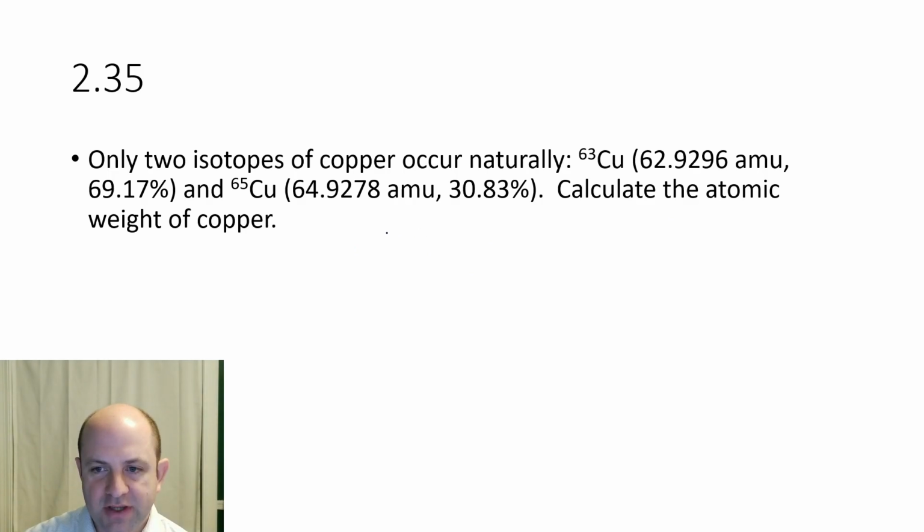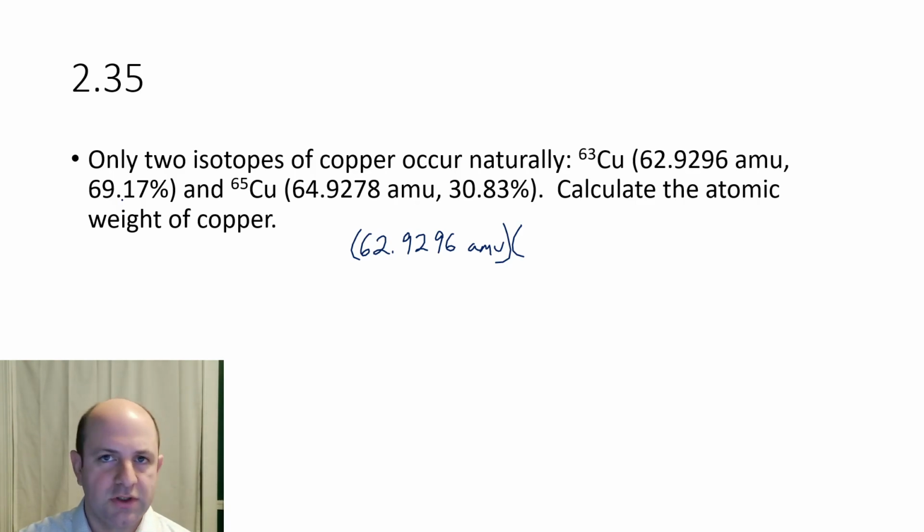So for that one, we just take each isotope and how much they weigh. So we have the first one, 62.9296 AMU, and we will multiply it by its percent abundance. But we always make it the decimal form, just to make it easier for ourselves later on. So that just means move the decimal 2 spots to the left, divide by 100.